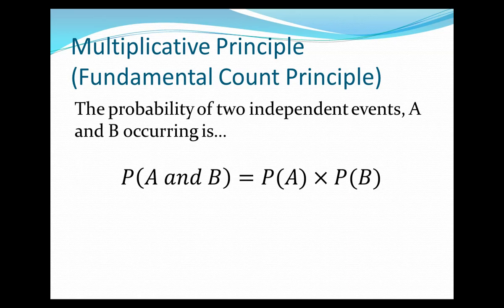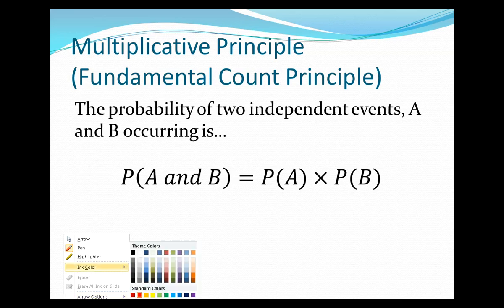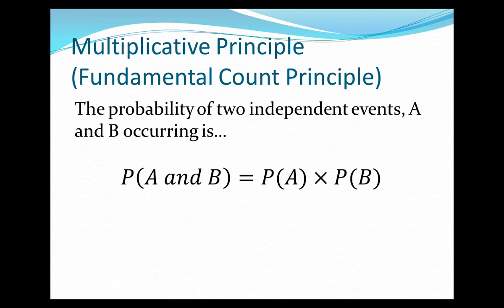Just want to add in here some notation that you may see in one resource or another. Another way to write this in terms of set notation is probability of A and this upside down U. That's another way to say the probability of A and B. It's a formal symbol for intersection.